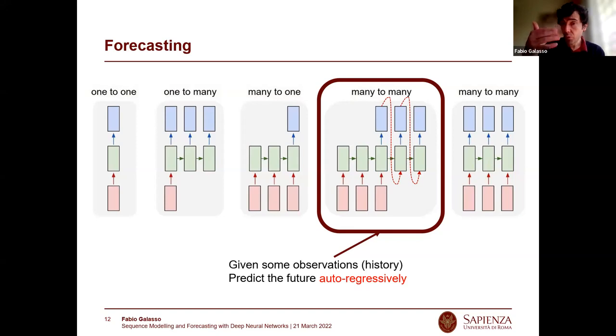Then we're going to be able to keep processing this and predicting again one step in the future, and then keep doing that. And there are a number of reasons why we like it.